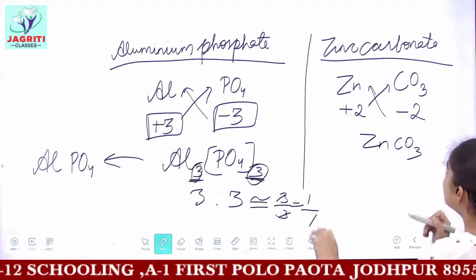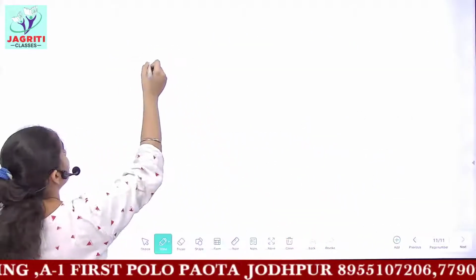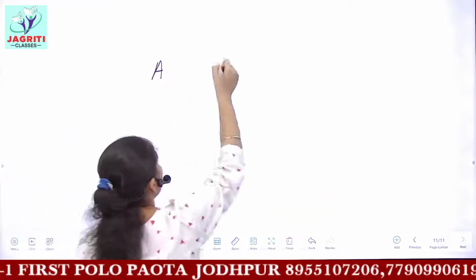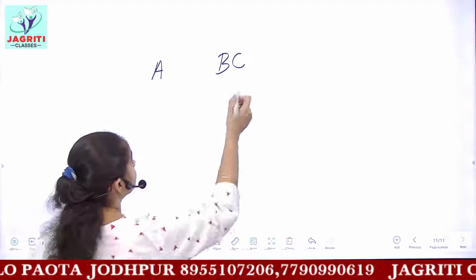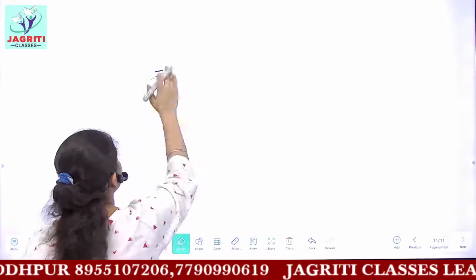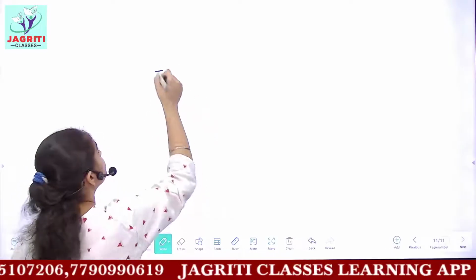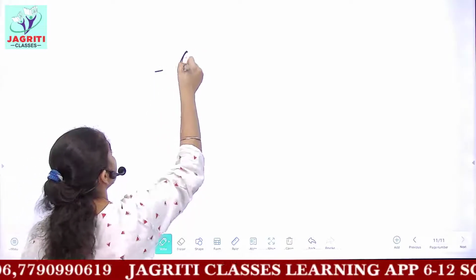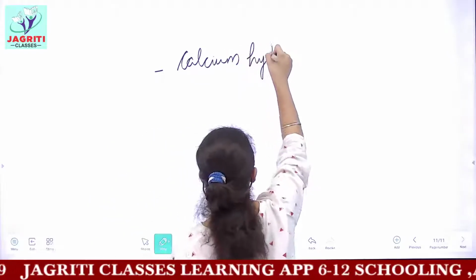Okay? But let's suppose in any formula you have your A atom and the B atom, and this is, let's suppose, a polyatomic ion. Let's take an example of this, okay? Then you have calcium hydroxide.